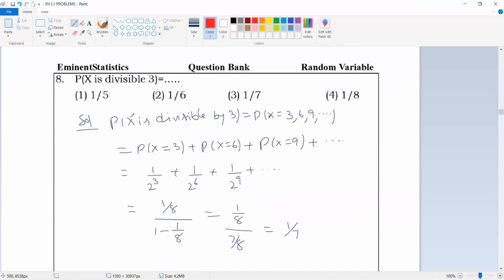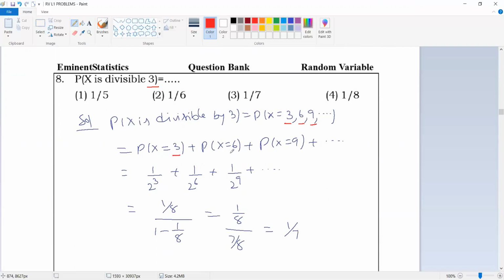Problem number 8. X is divisible by 3. X is divisible by 3 means x takes values 1, 2, 3, 4 and so on, out of infinite natural numbers. Divisible by 3 means multiples of 3: 3, 6, 9 and so on up to infinity.